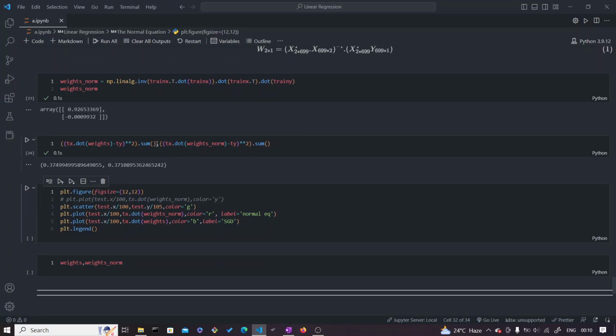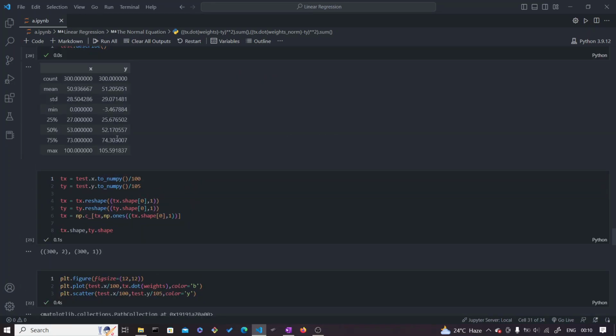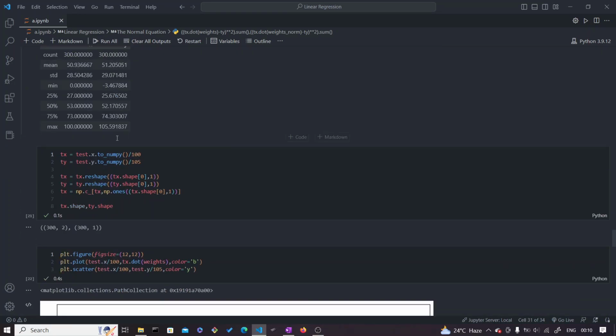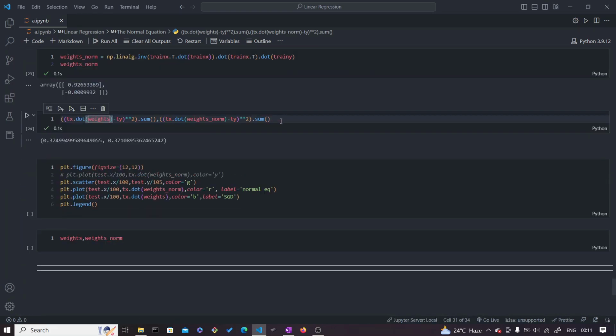So this is the loss. We considered the weights given by the gradient descent method, and this is the loss after getting the weights from gradient descent, and this is the loss after getting weights using the normal equation.